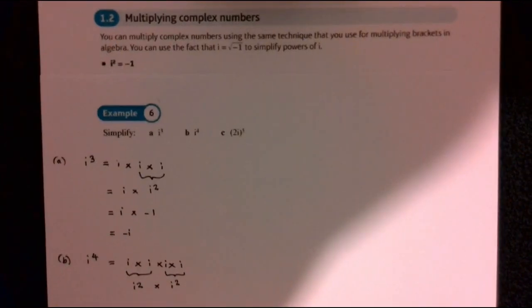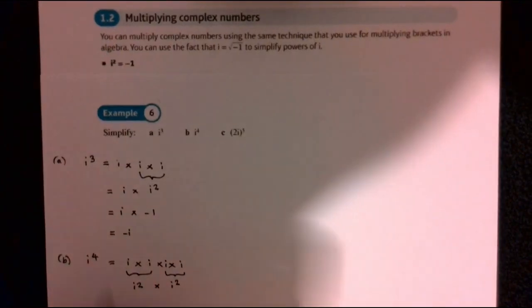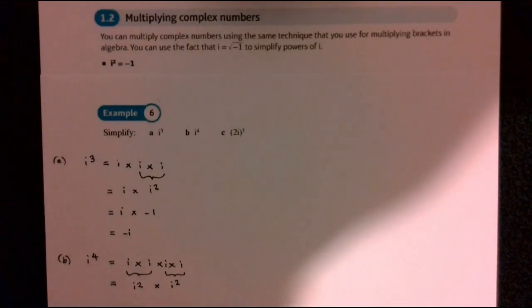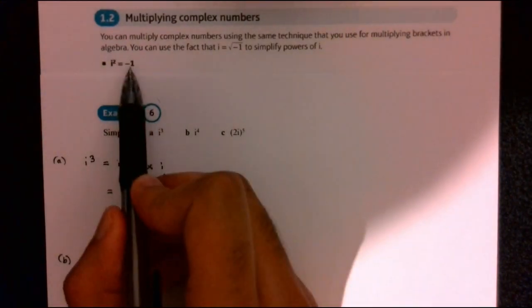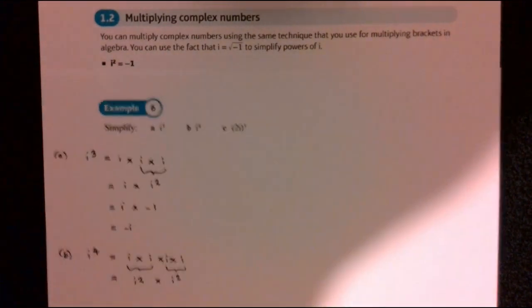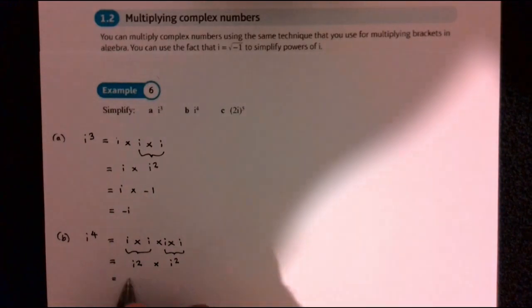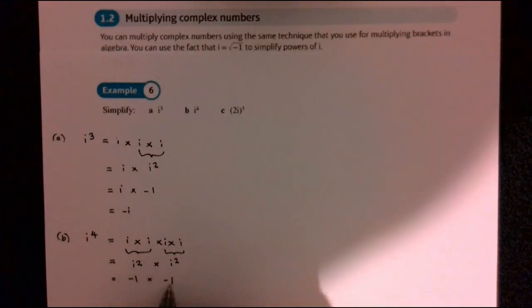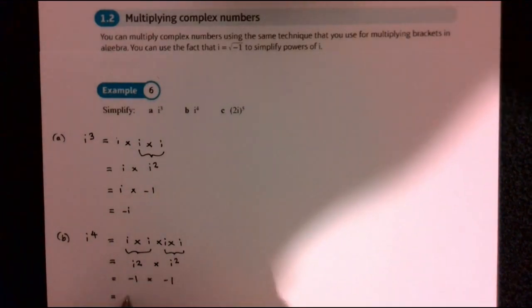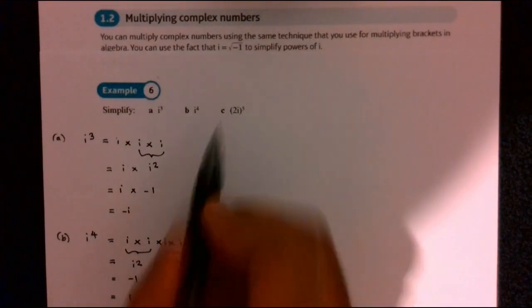So we have over here i squared times i squared. So, using the fact that i squared is equal to minus 1, we have over here minus 1 times minus 1, which is 1.